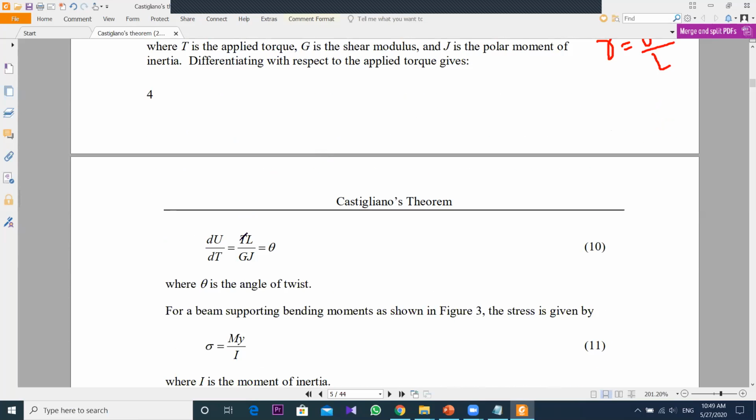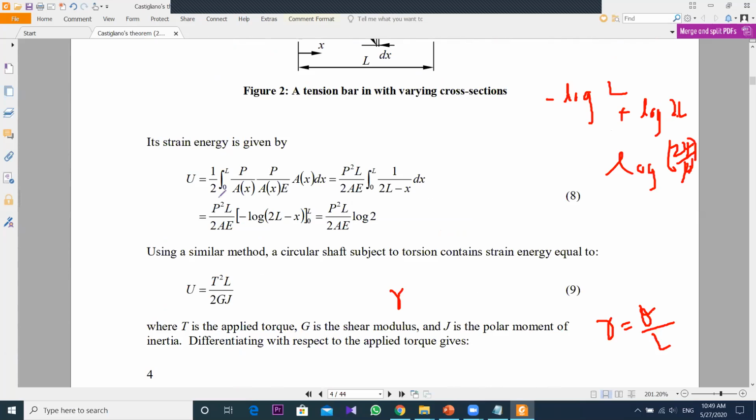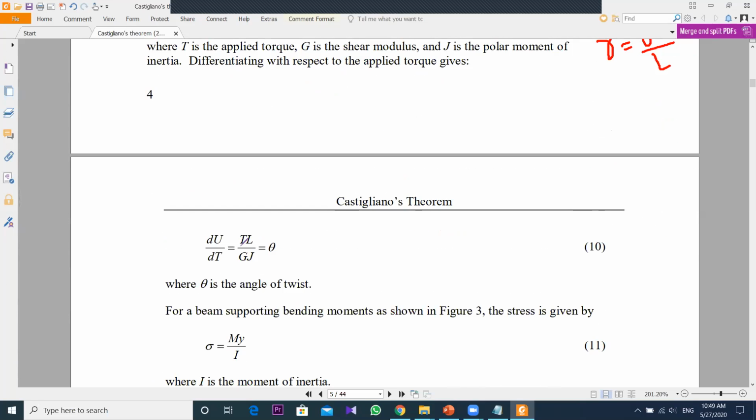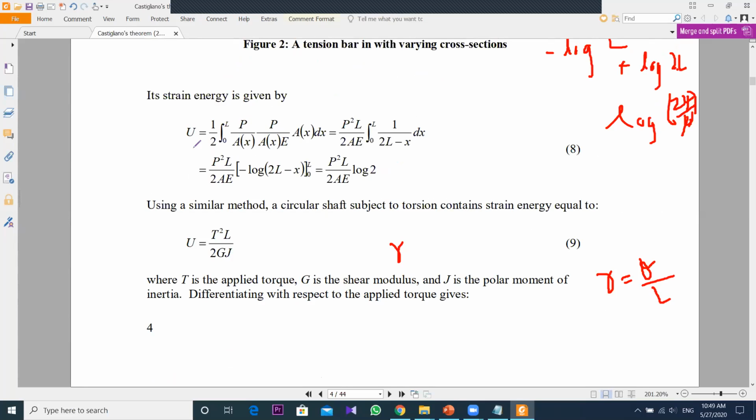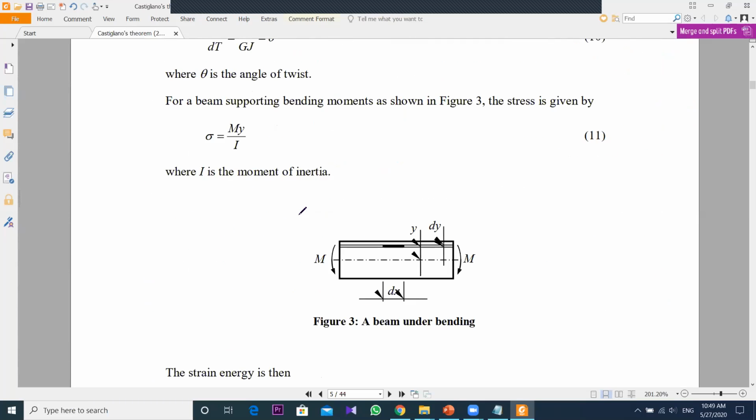So if it is not constant variables, if it is the general manner, you need to introduce the integration again like this. Assume the load is not constant, so you need to introduce that function with the integration. That is the thing you need to know. And this is the function with the bending moment, this is the distance, and this is the second moment of inertia.